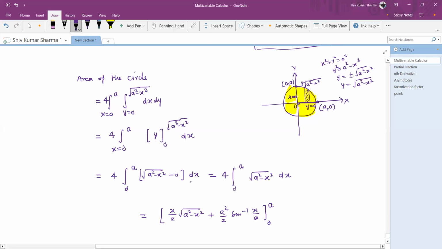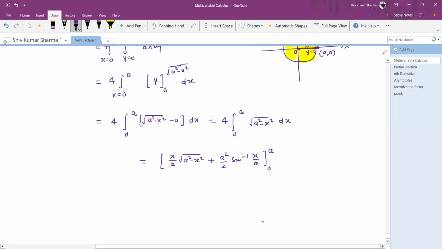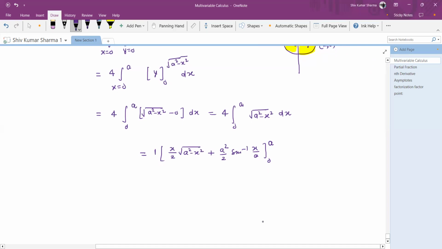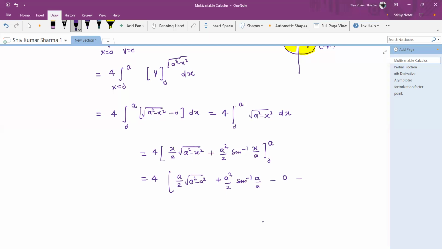So this is the direct formula for integration. Here we apply the limits, and we write down 4 here also. When we put x equal to a, it gives us a upon 2 into a square minus a square, plus a square upon 2 sine inverse a upon a, minus the lower limit 0: minus a square upon 2 into sine inverse 0 upon a.